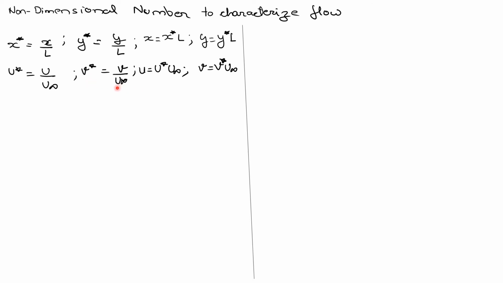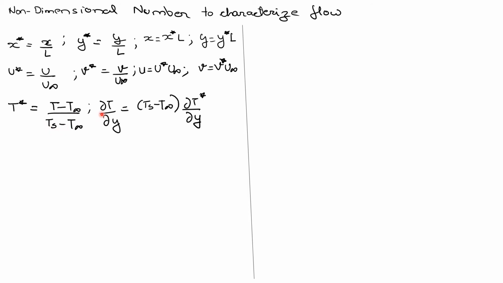We'll normalize it by u infinity, and in this case we can write u as u star into u infinity, v as v star into u infinity. And for temperature, we'll use a slightly different approach. So we'll take a temperature difference and then normalize it by a known temperature difference. So our temperature will be T minus T infinity divided by surface temperature minus the temperature at infinity.